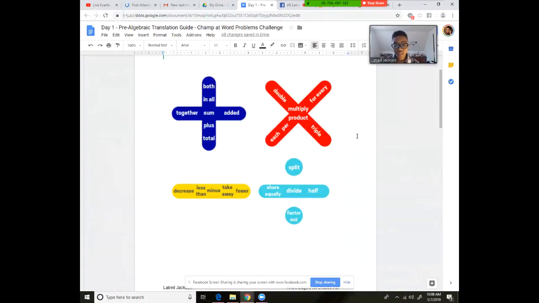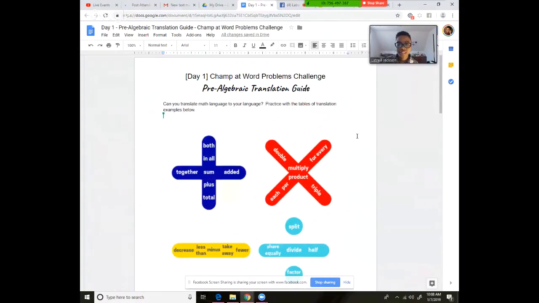So if you want this guide that I'm about to show you, it is called the Pre-Algebraic Translation Guide. It's called Pre-Algebraic because I only have addition, multiplication, subtraction, and division, and then equal, which are what I'm going to be explaining, what the translation of those terms are into the English language so that you can be able to identify these operations when you are reading your word problems.